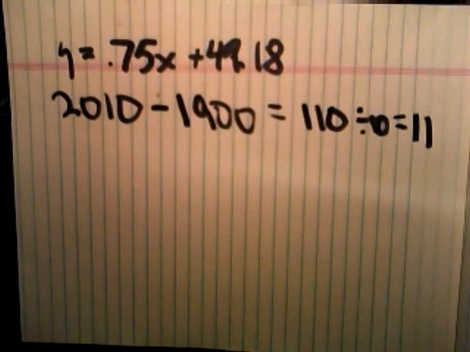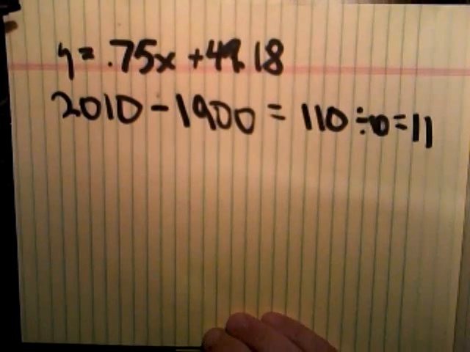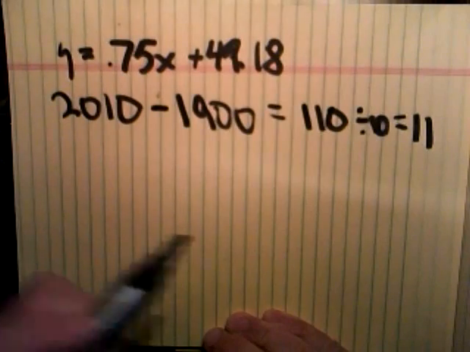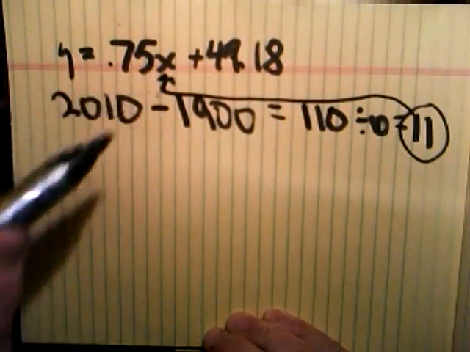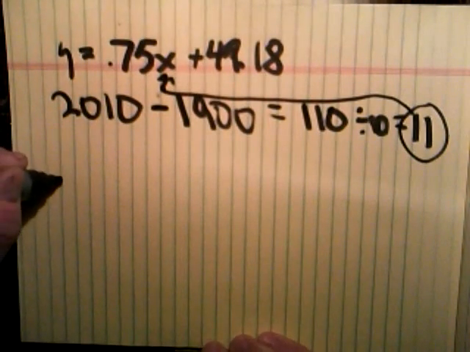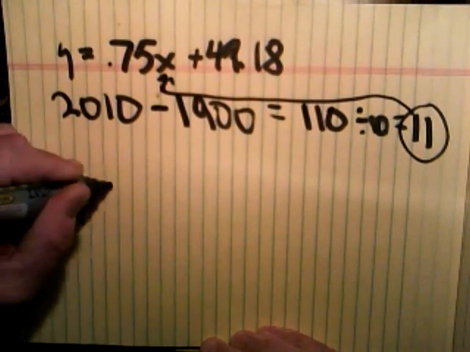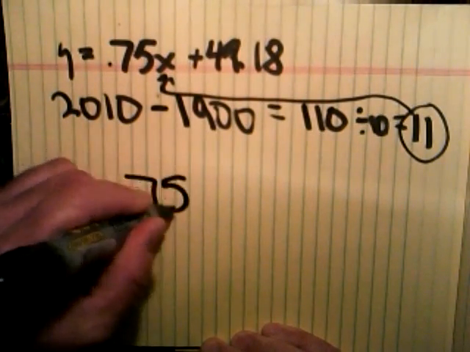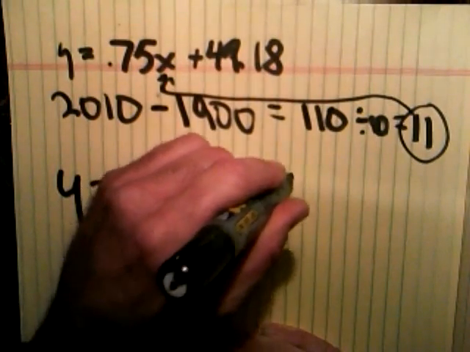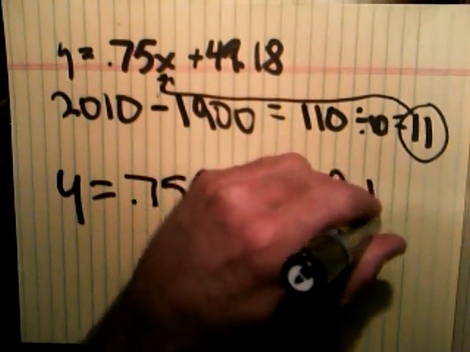So we're almost done here. Actually, we are pretty done. In any case, let's do just one more step, which is to substitute this 11 into x here. And this is where I'm about to stop. y is equal to 0.75 times 11 plus 49.18.